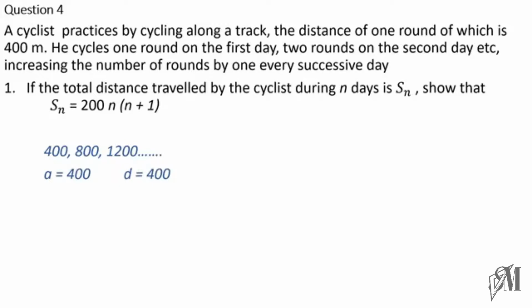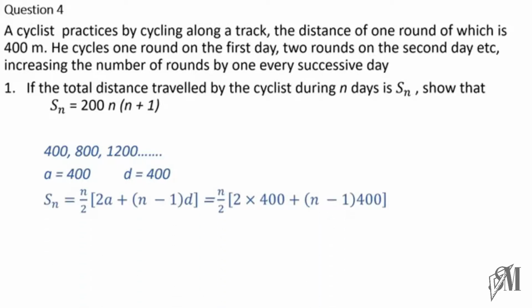And then we are going to substitute these values in the equation of Sn in an arithmetic progression. So once you substitute and simplify, you can easily show the above mentioned expression. Here, once substituted and simplified, you can take 400 n out, and then if you cancel 400 by 2, it will give you the answer as 200 n times n plus 1.